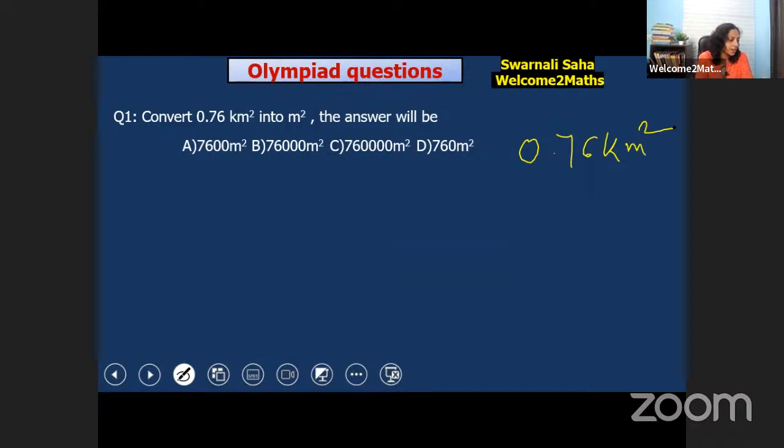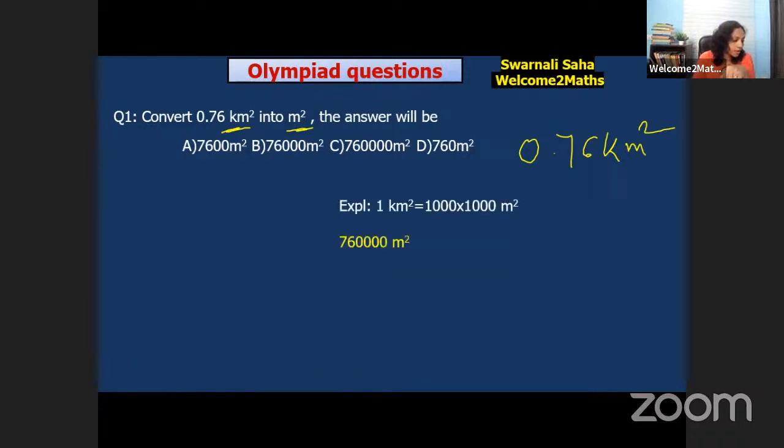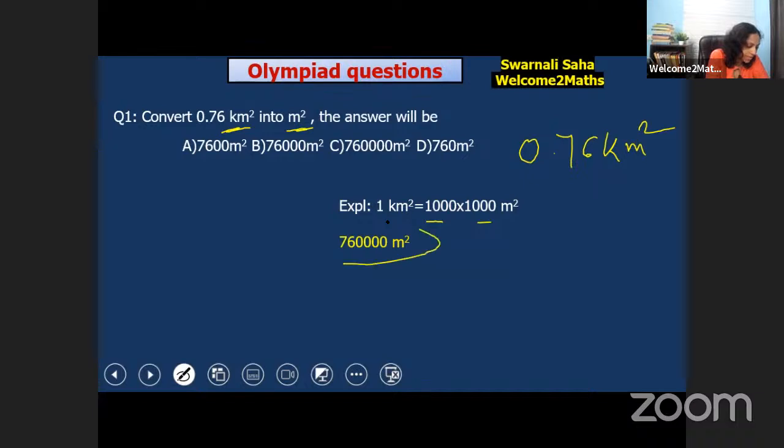Okay, then let's check it. We have to convert kilometer square into meter square. 1 kilometer square is equal to 1,000 into 1,000 meter square. So it would be 7,60,000.